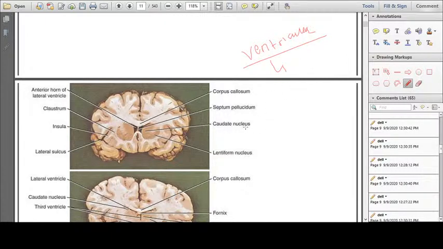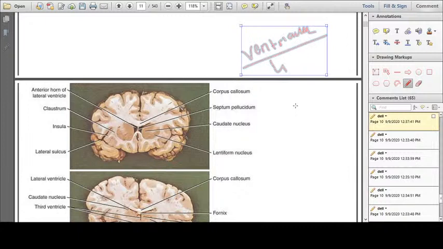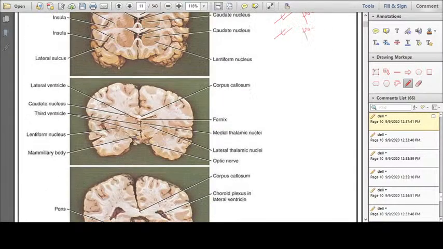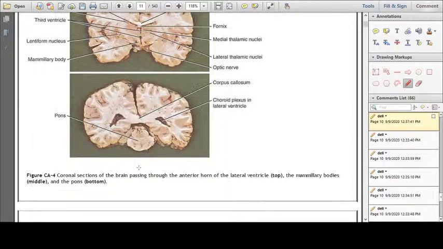The ventricle is actually a space within the brain which contains cerebrospinal fluid, and cerebrospinal fluid plays a role in nourishment and protection of the brain. On cross sections of the brain, we could see the ventricles.